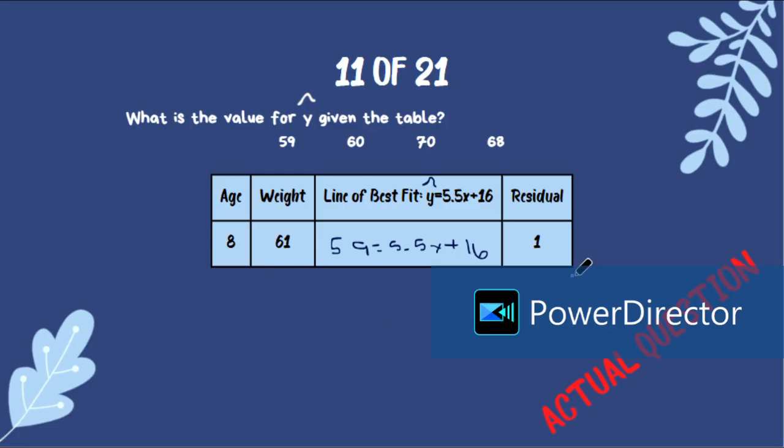Line of best fit. What is the value for y hat, given the table? Okay, no, I'm doing this wrong. I'm leading you astray. I remember now. Ignore that.